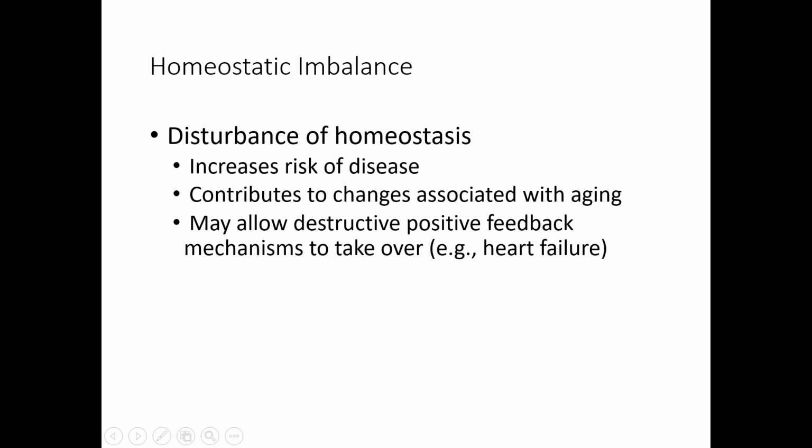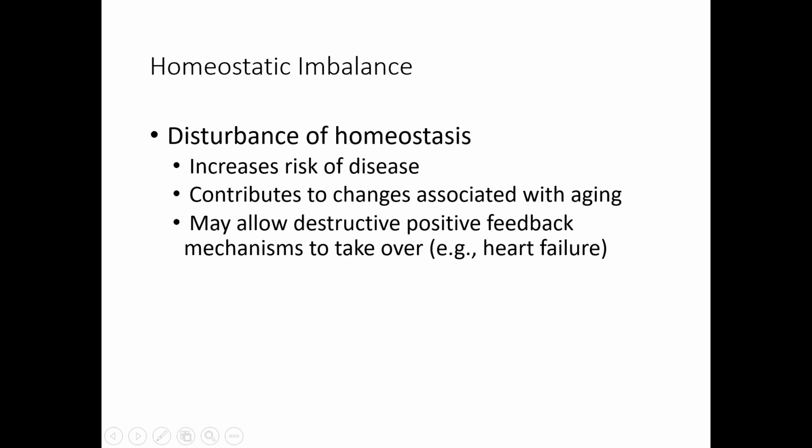What is homeostatic imbalance? When our body cannot keep different variables within the normal range, it causes disturbance of homeostasis, and that increases risk of disease, and it can cause disease if it's not corrected. So, disturbance of homeostasis increases with aging.